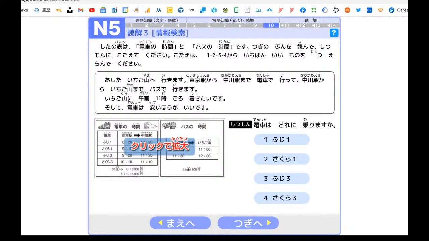Question first. 質問。電車はどれに乗りますか？First one, 富士1, 桜1, 富士3, 桜3. Okay, so we need to figure out the right train to take. Okay, so we can just ignore buses. Let's see.